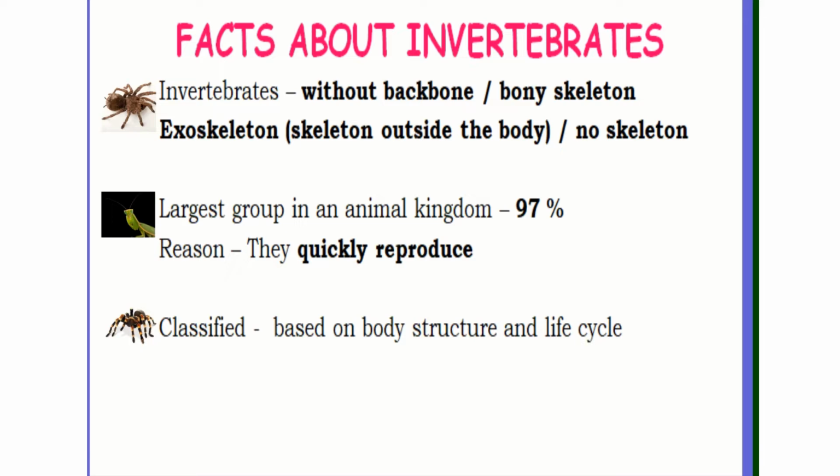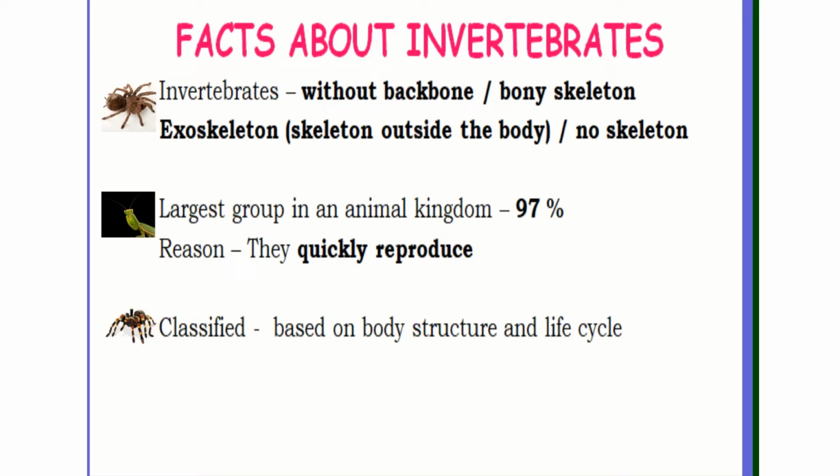We know very well from the last lesson, the whole animal kingdom is divided into two major divisions. The first one is vertebrates and the second one is invertebrates. What are invertebrates? Invertebrates are animals without a backbone, or they have a bony external skeleton, right?